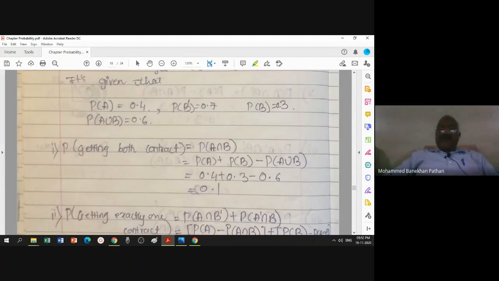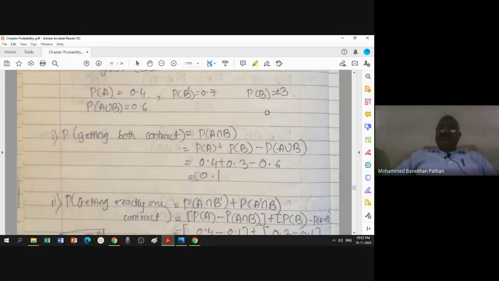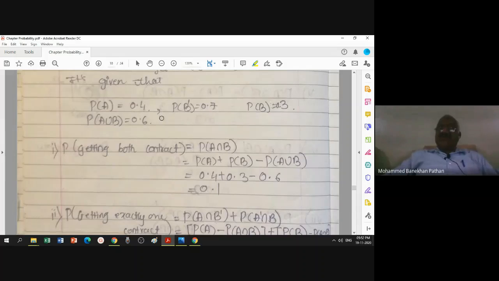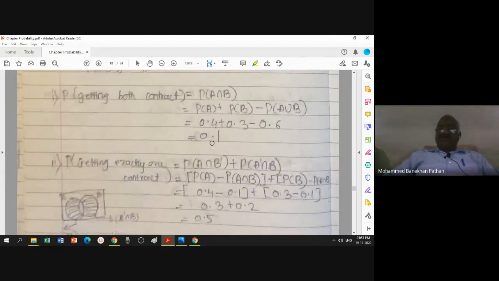So probability of A intersection B. By using the total probability theorem, P of A intersection B will be PA plus PB minus P of A union B. Because P of A union B is PA plus PB minus P of A intersection B. Change the side, you will get this statement. Everything is known to you. Put it there: 0.4, 0.3, 0.6. So the result is 0.1.